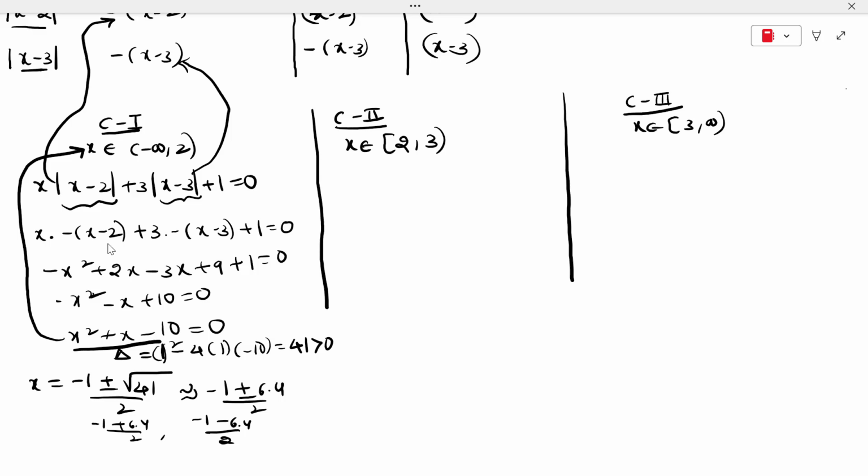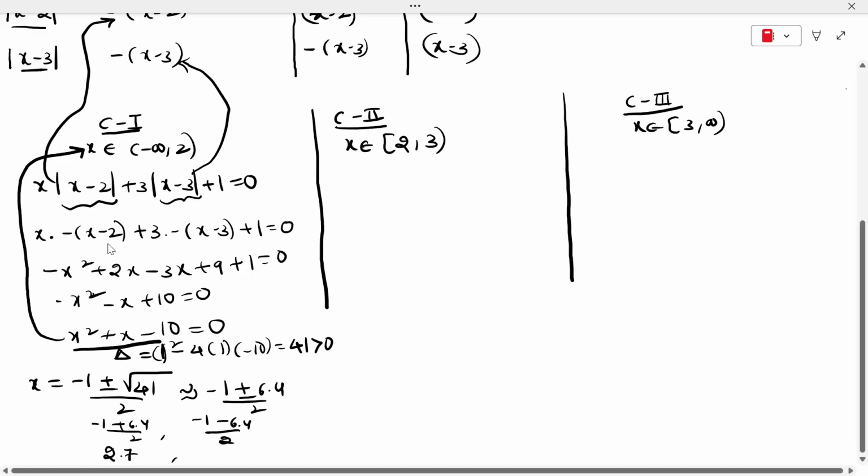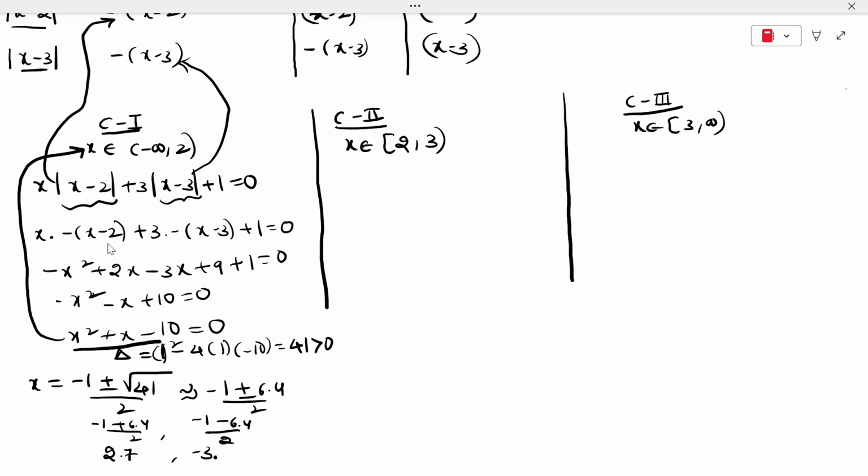The first root is 6.4 minus 1 by 2, which is 5.4 by 2, which is 2.7. The second root is minus 7.4 by 2, which is minus 3.7. Now check if the two roots 2.7 and minus 3.7 are valid roots or not.